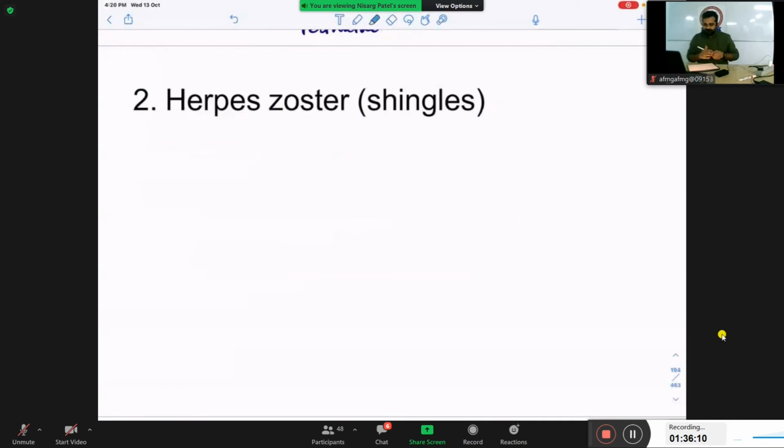So herpes zoster. The second name of herpes zoster is shingles. It is also known as shingles.